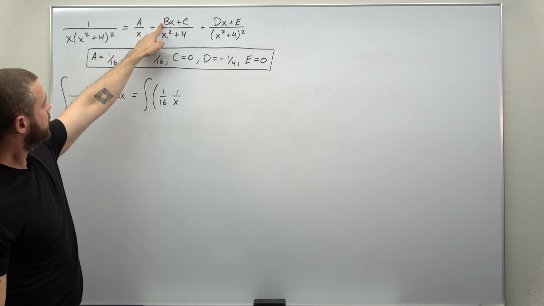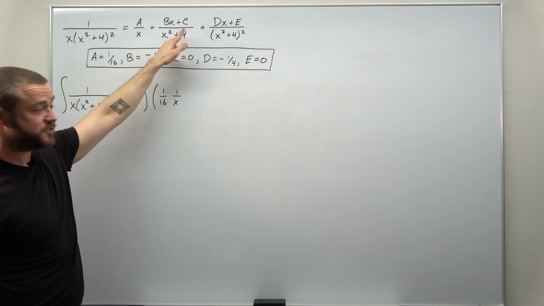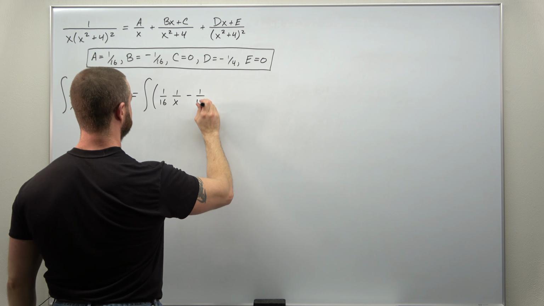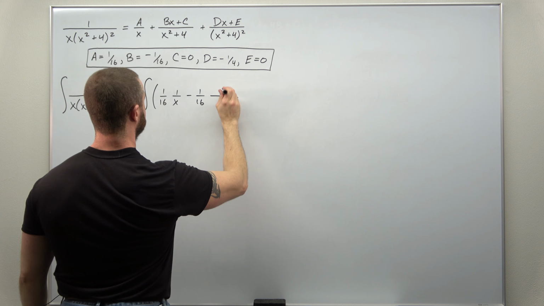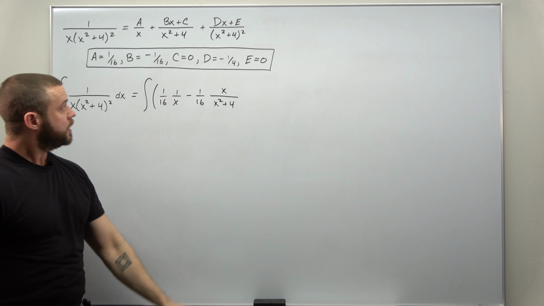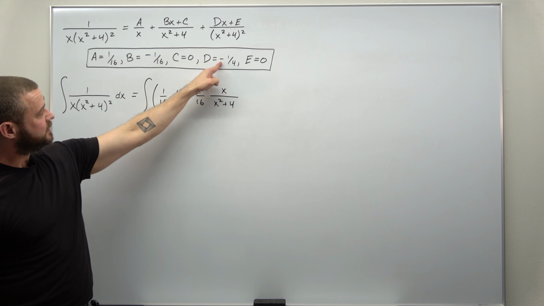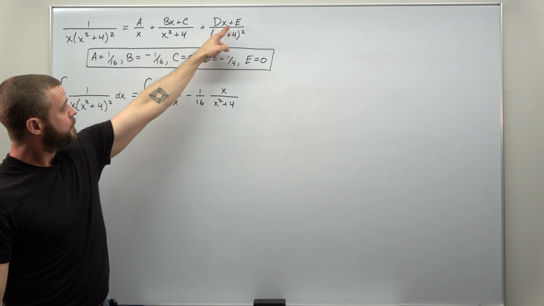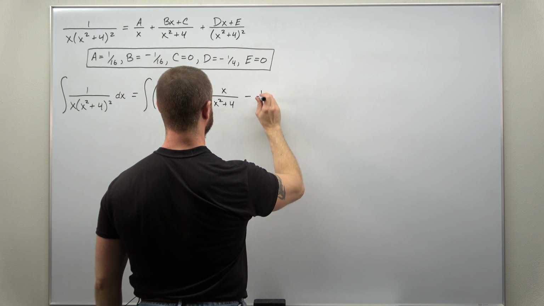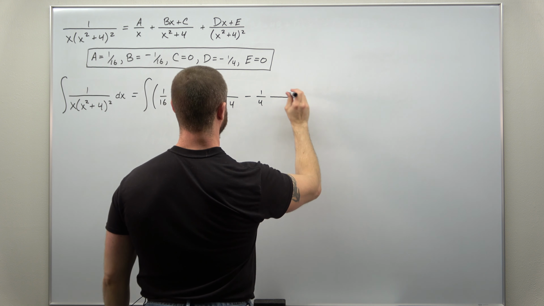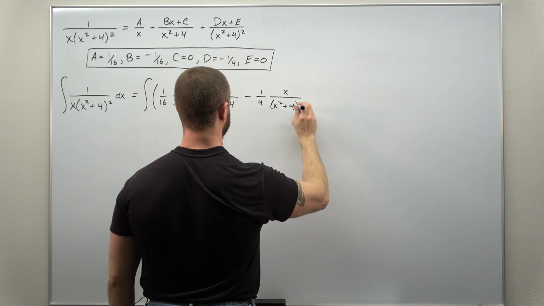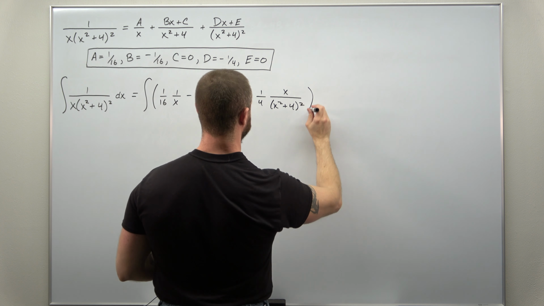The b term is negative 1/16, but c is 0. So I can write the next one as minus 1 over 16 times x over x squared plus 4. And similarly, d is negative 1/4, but e is 0. I can write this last one as minus 1/4 times x over x squared plus 4, squared.